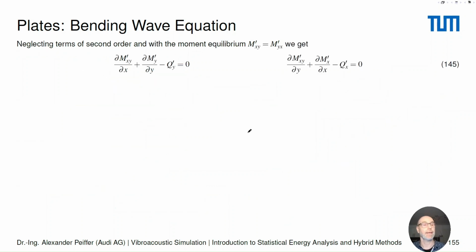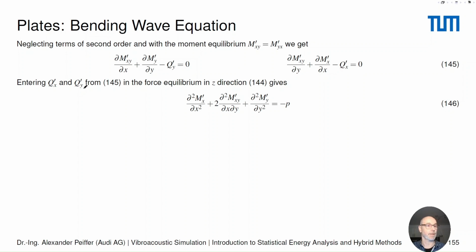Again, neglecting terms of second order, and using a typical value for the moment equilibrium, we get the relationship between the moments and the shear stress here and the per length of the plate. Good.